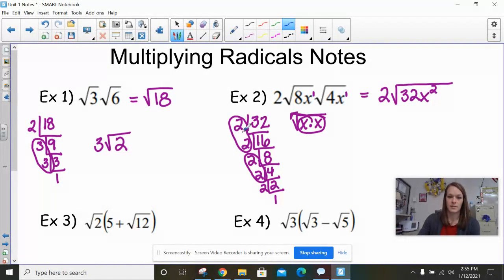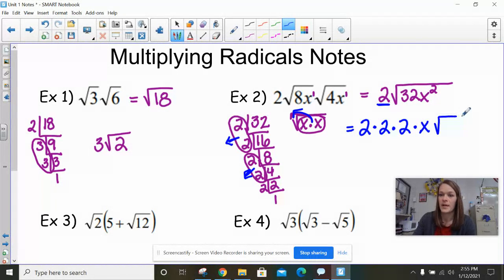I'm going to rewrite: 2 times, this pair of 2's comes out as a 2, and this pair of 2's comes out as another 2. This pair of x's came out as an x. And then I'm left with this 2 under the radical, and that is it.